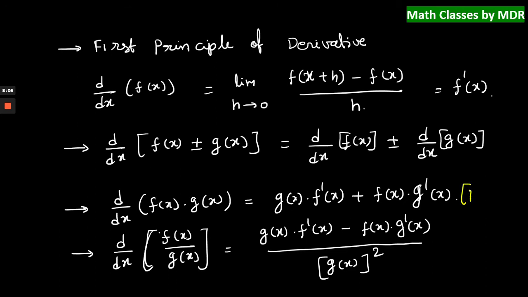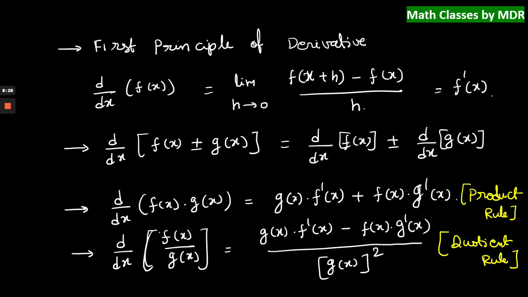By using the product rule, we can do the functions which are multiplied with each other, and this is known as quotient rule. We can use this rule when we come across the functions which are in division.